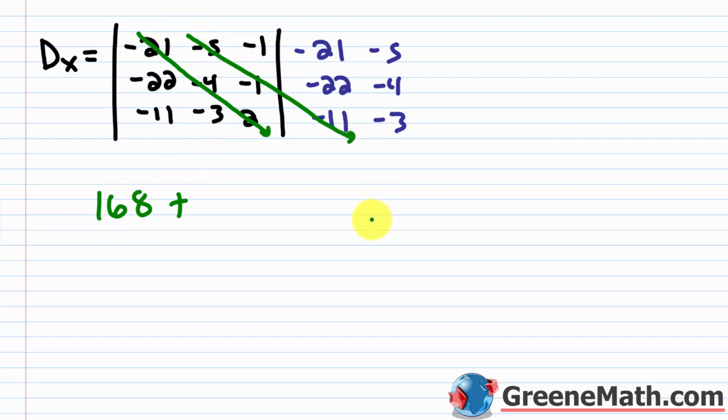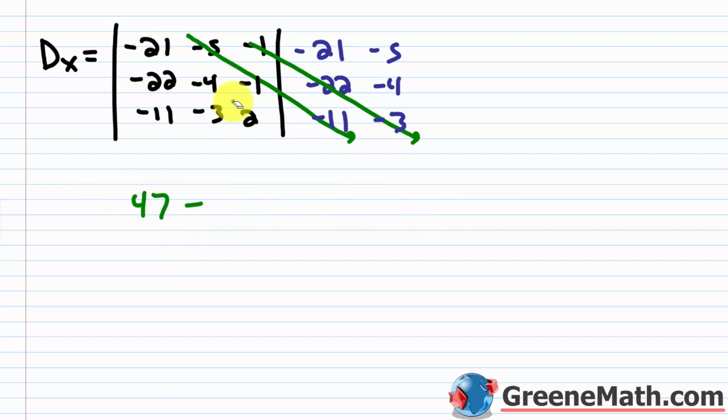So I know that's negative, and 5 times 11 is 55. So this would be negative 55 here. Then plus, if I go down this way, you have negative times negative times negative, which is negative, okay? And you basically have 22 times 3, which is 66. So what's this sum here? 168 plus negative 55 is 113, plus negative 66 is 47. Okay, so the first part of this is 47.